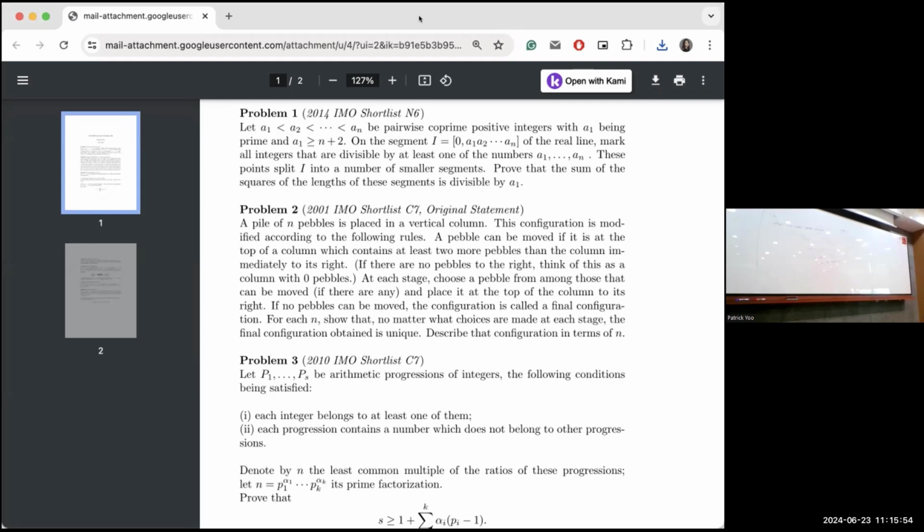Second condition is that at any stage, it is impossible to have some i larger than j, such that pi equals pi plus 1, pj equals pj plus 1, and pi plus 1 minus pj is less than or equal to j minus i minus 1.